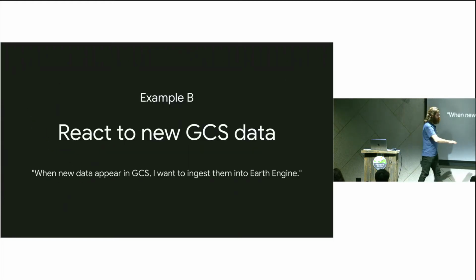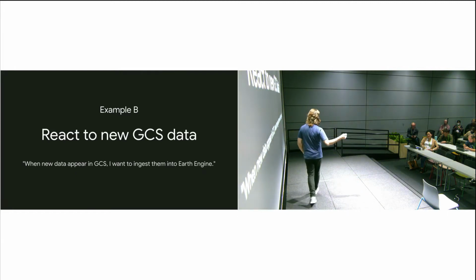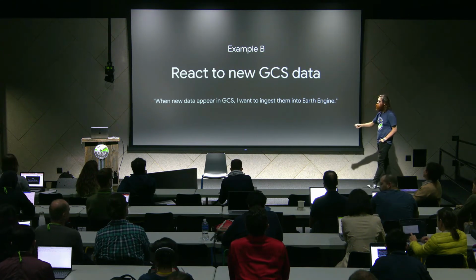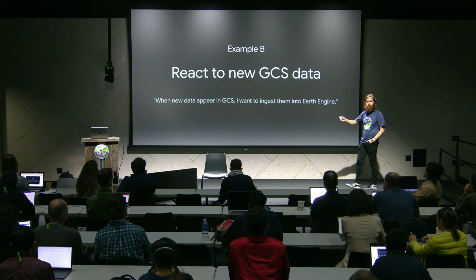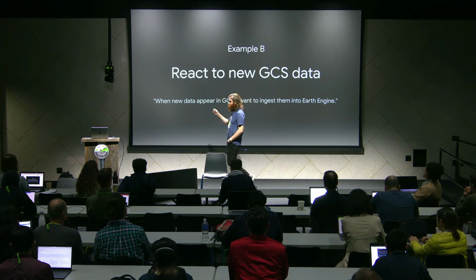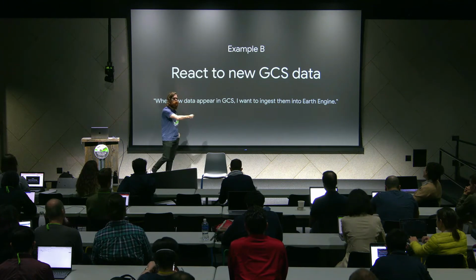Second one's even easier. There's no time dimension at all. We're just reacting to events that happen from Google Cloud Storage. Cloud storage is great because it automatically has wiring for when new files appear.